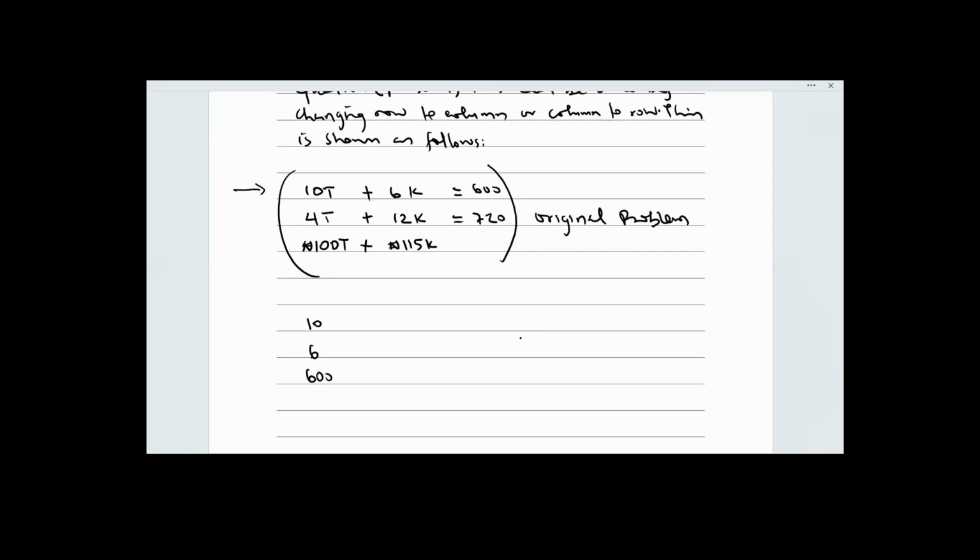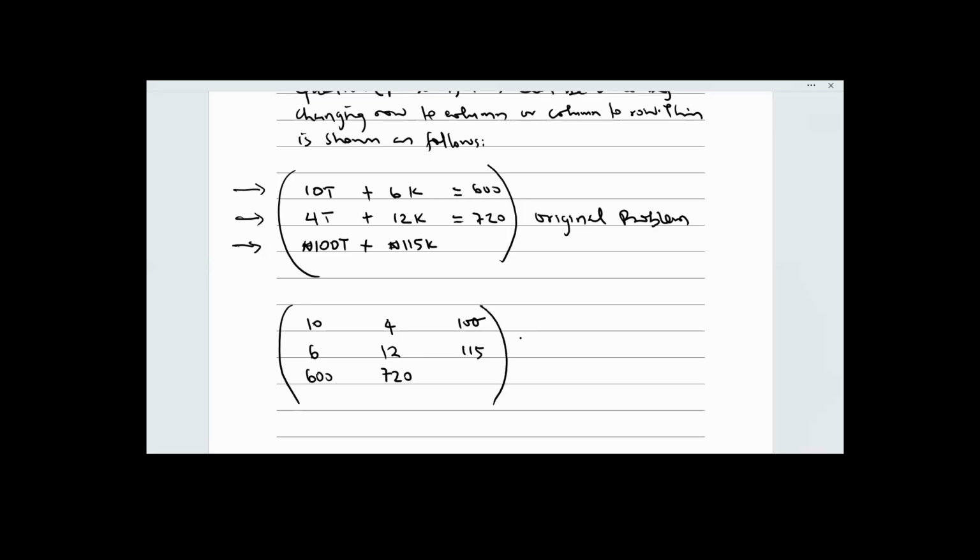The second row, which is 4t plus 12k equal to 720, so I will say 4, 12, then 720. The third row, 100t plus 15k: 100, 15, 115. So this represents the dual.